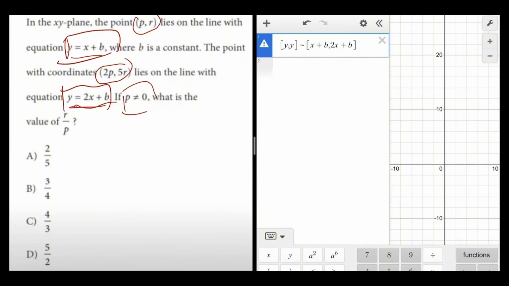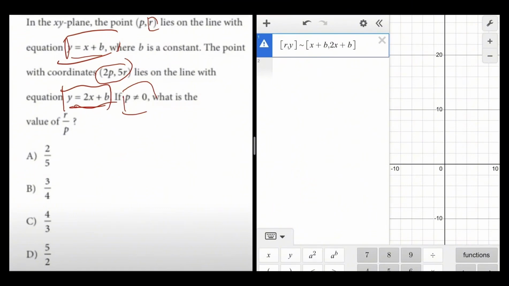Now we're gonna substitute it, the first y over here. I'm gonna erase this for better vision. So over here, the y is gonna be r. So I'm gonna change it to r in decimals.